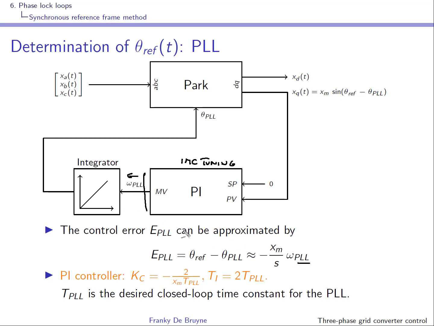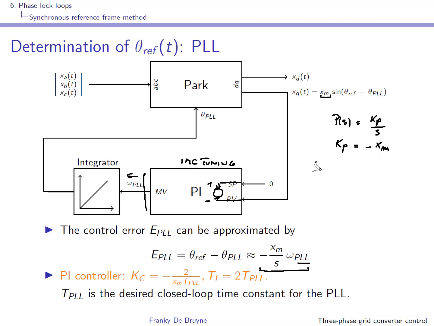You can see that you have an integration, so you have the 1/s, and a gain that is xm, and inside the controller you have a change of sign because of this minus sign over here. So the process is described by this integrating process P of S equal to Kp over S, and in our case Kp is equal to minus xm.